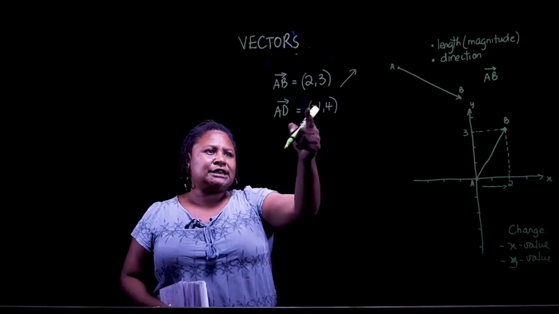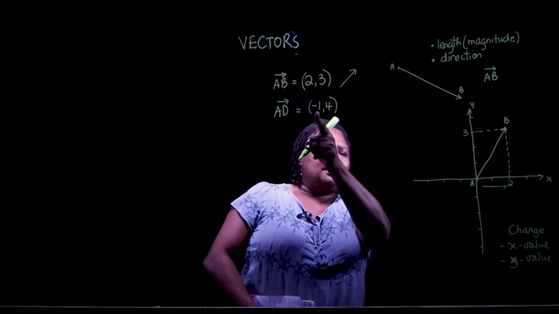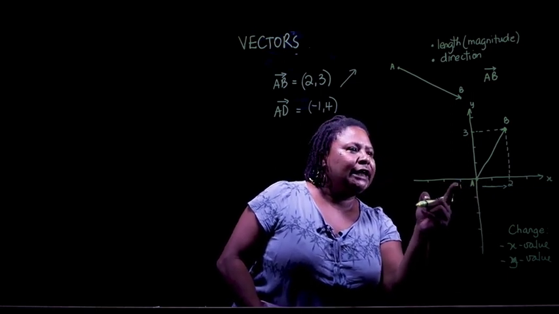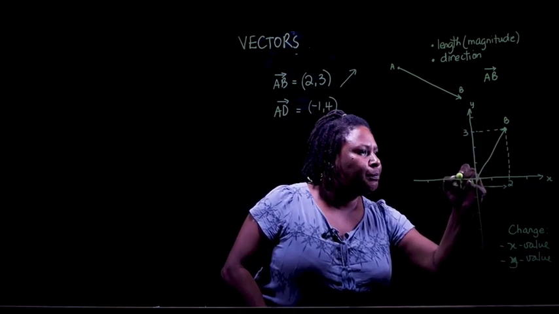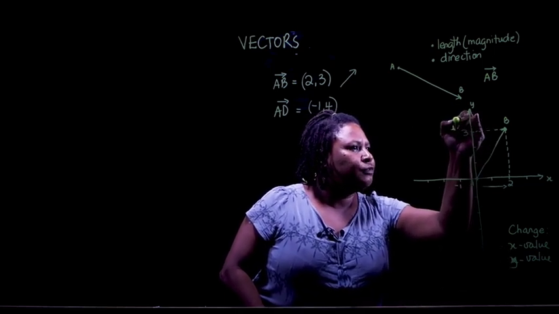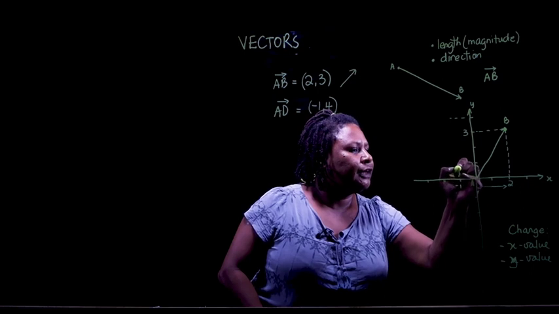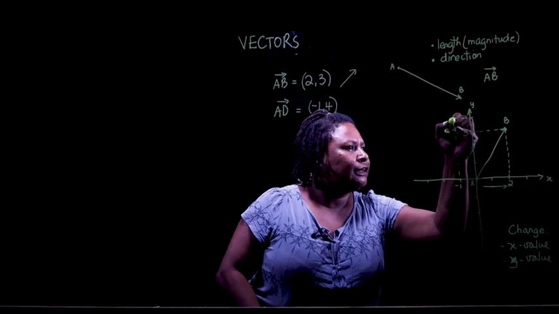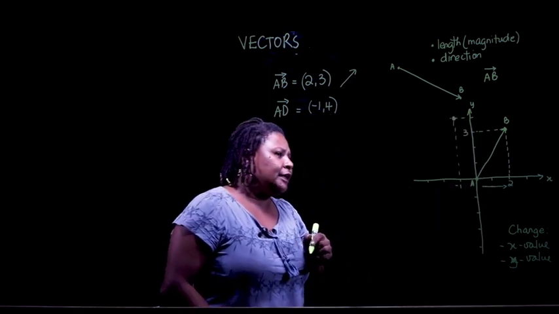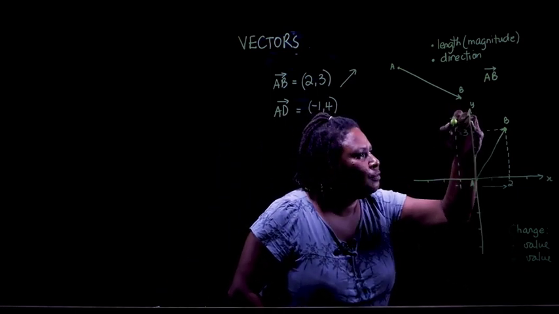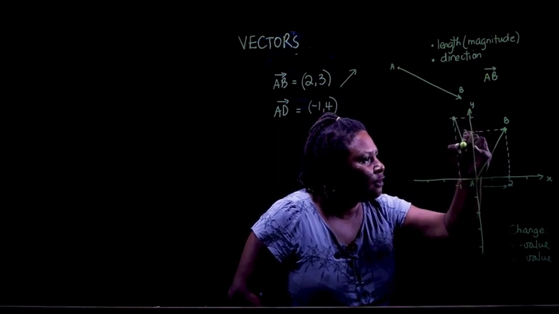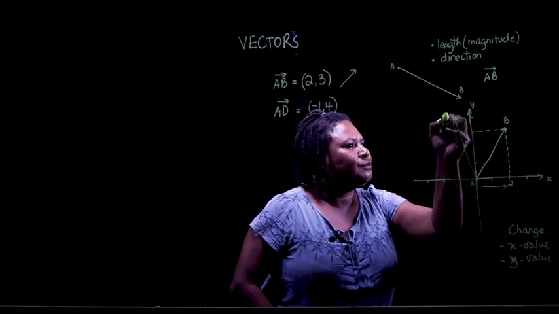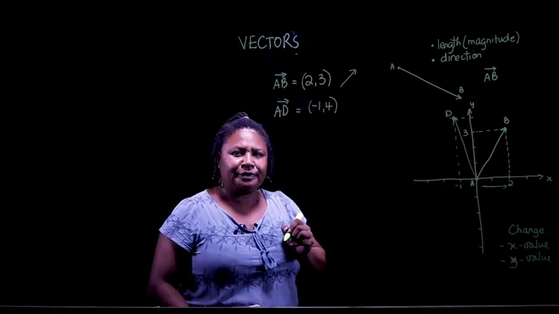This vector goes across to -1 here, and then goes 4 units up to +4. So let's just draw where the point will be first. Here. And the vector will be from this point down to that point there. So this is vector AD.